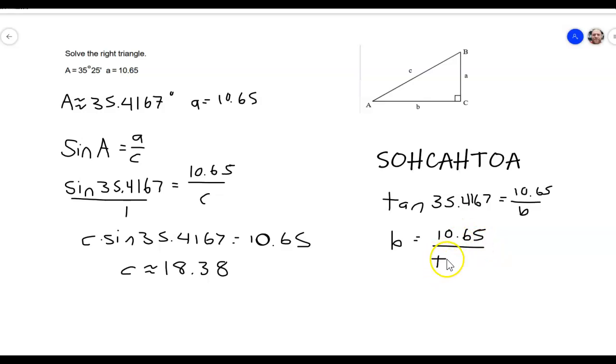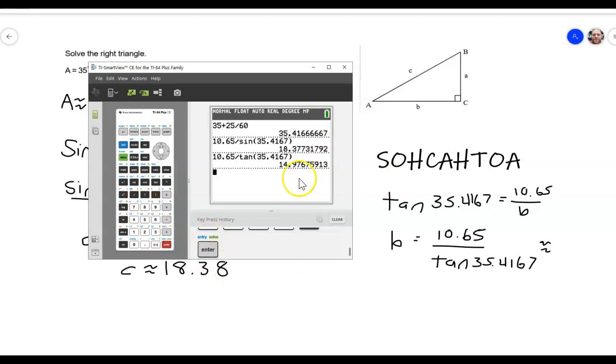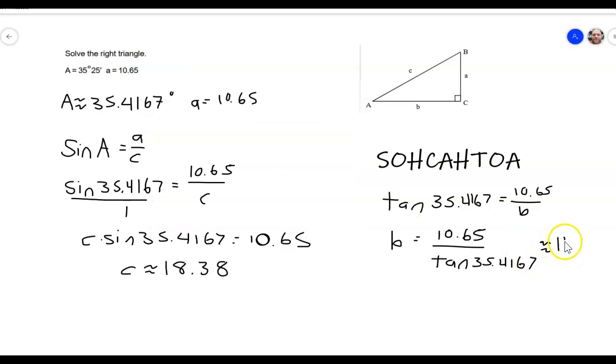So B is equal to 10.65 divided by the tangent of 35.4167, and that's approximately 14.98. And so that is our B.